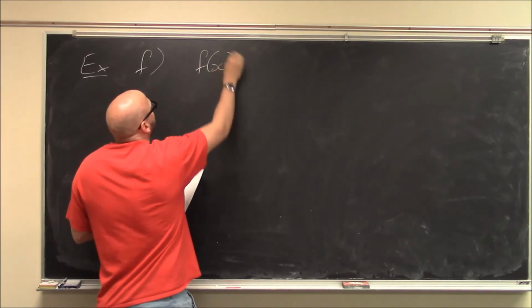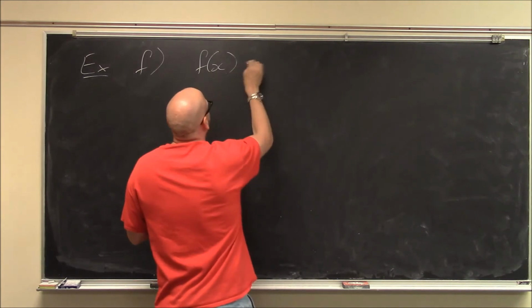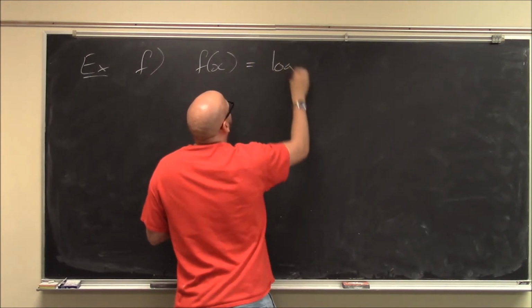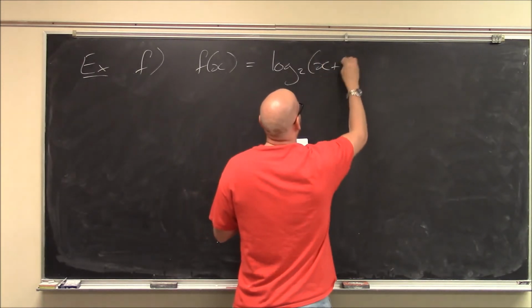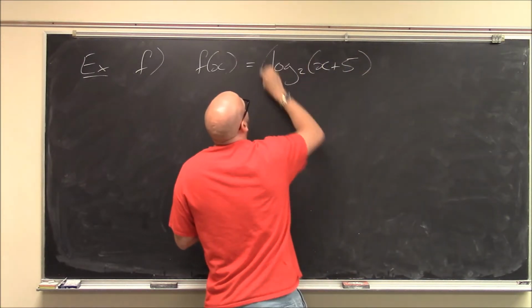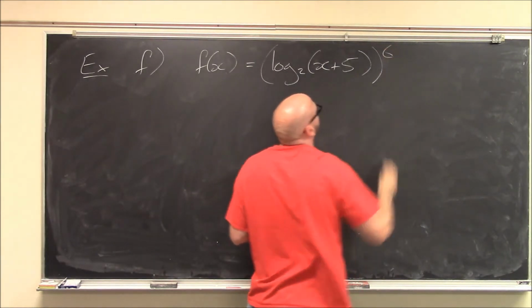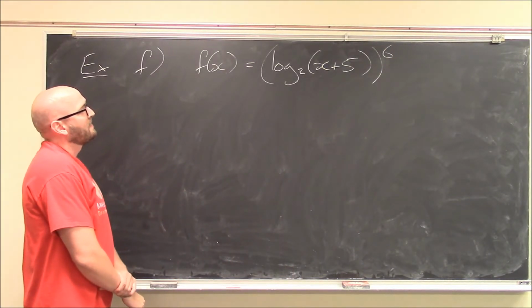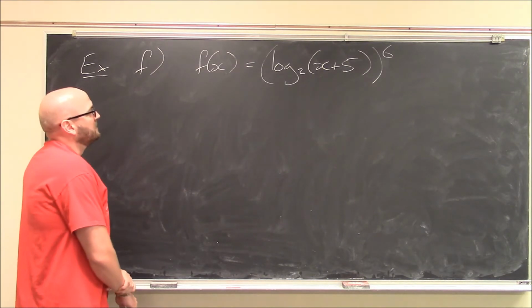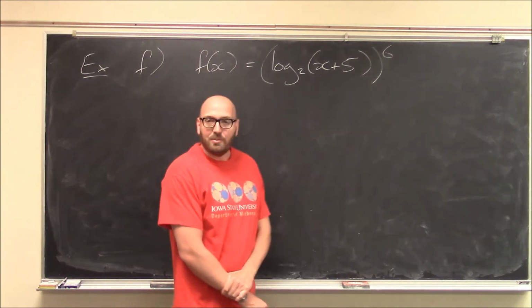Let's see. F of x is log to the base 2 of x plus 5, all to the power of 6. So this is quite a complicated function, right? There's a lot of compositions happening here.